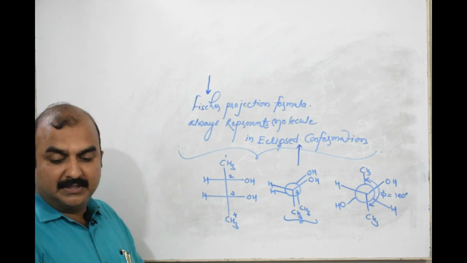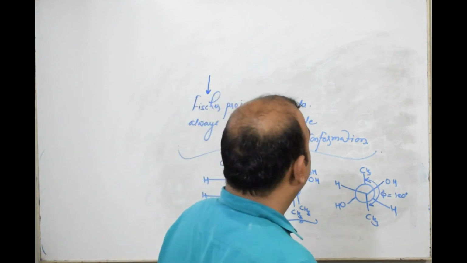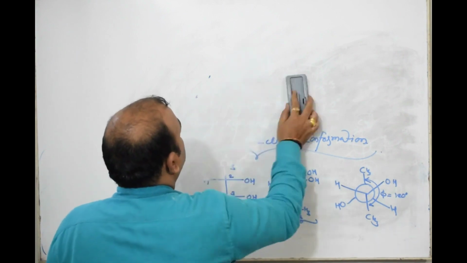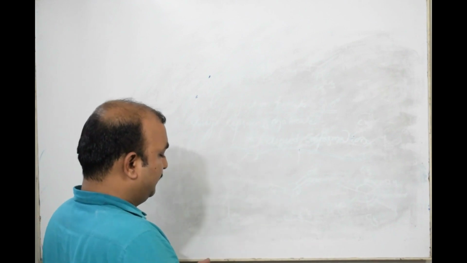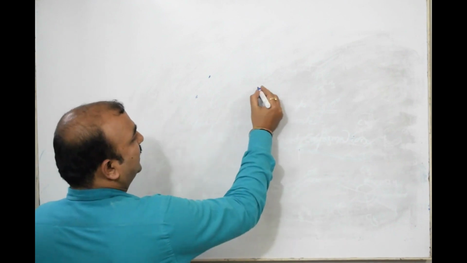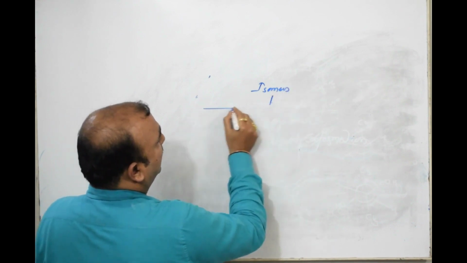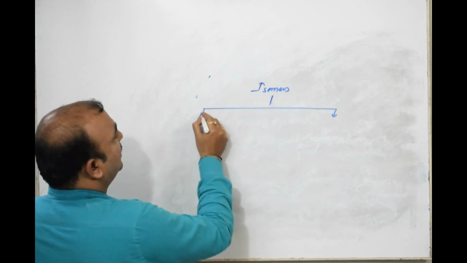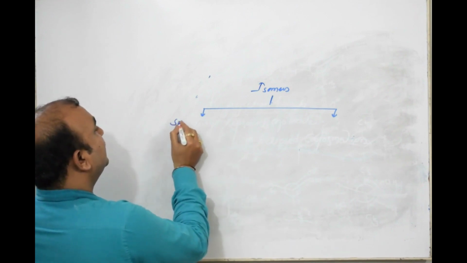So my dear students, what we have done, just a summary. Look first. We have started with isomers. Isomers are compounds having the same molecular formula but different structural formula. Then there are structural isomers and stereoisomers.